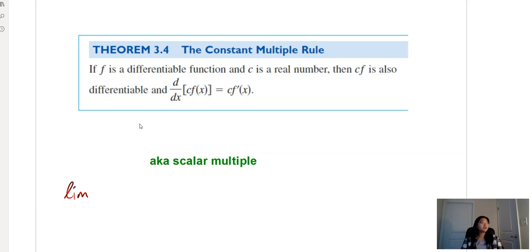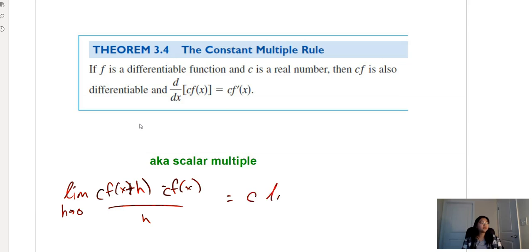So if we have the limit as h approaches 0 of f of x plus h minus f of x, all over h, and then we multiply by some constant like that. Well, look, it's a GCF. We can just factor that out.